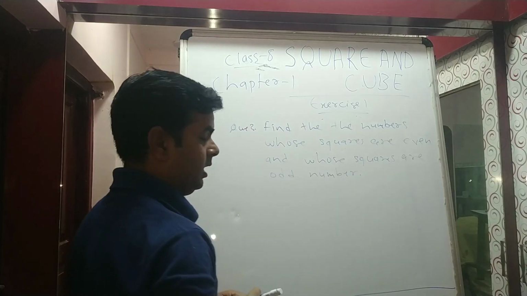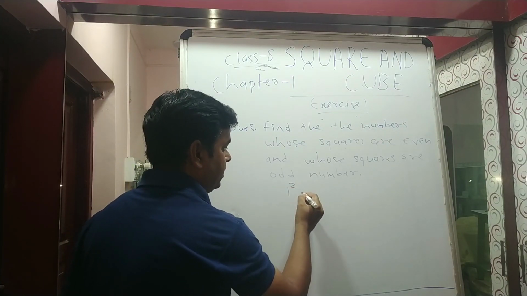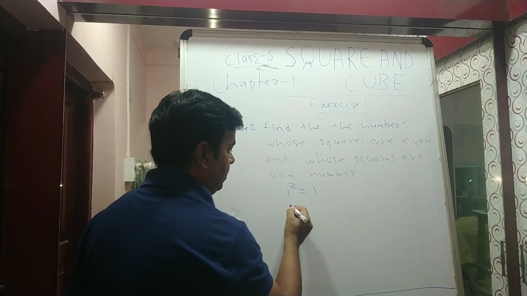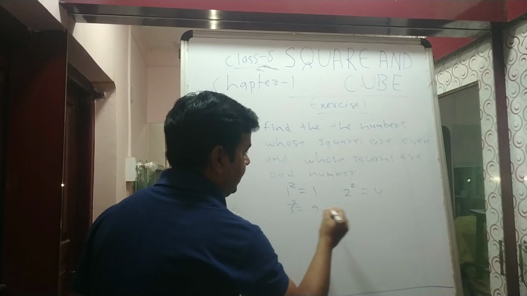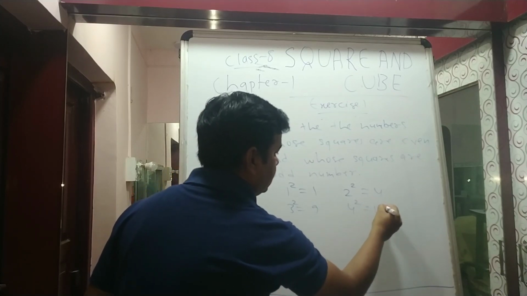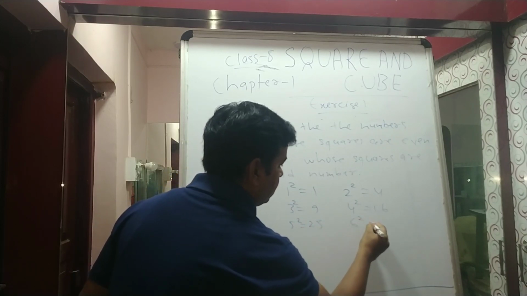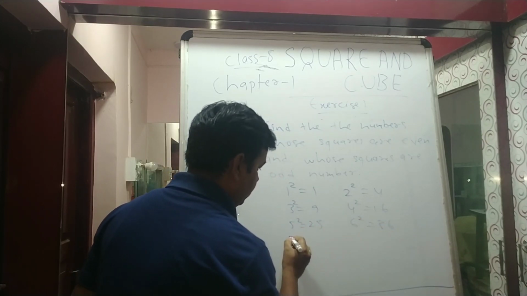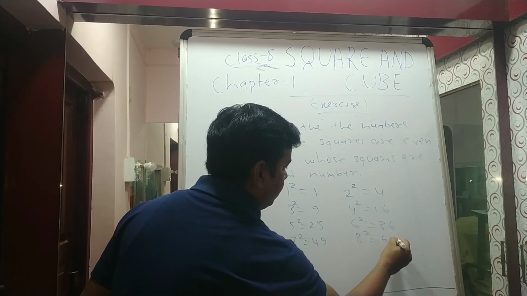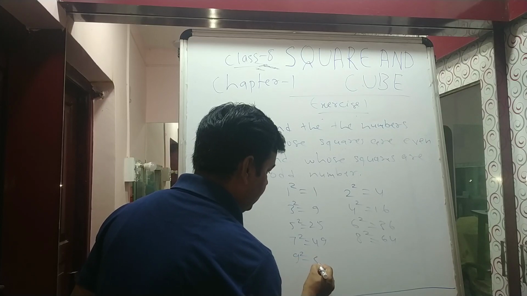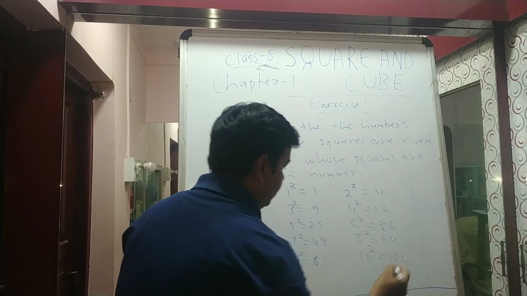Again, if you see this, I am doing this. 1 squared is 1, 2 squared is 4, 3 squared is 9, 4 squared is 16, 5 squared is 25, 6 squared is 36, 7 squared is 49, 8 squared is 64, 9 squared is 81, 10 squared is 100.